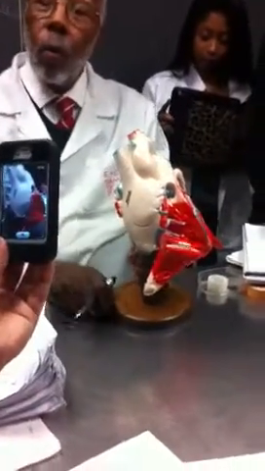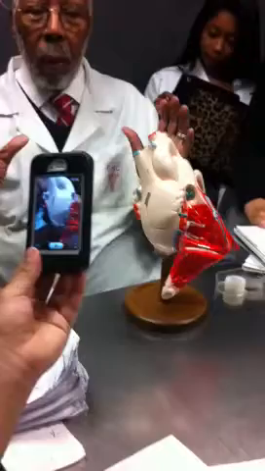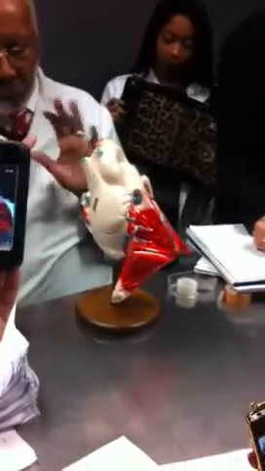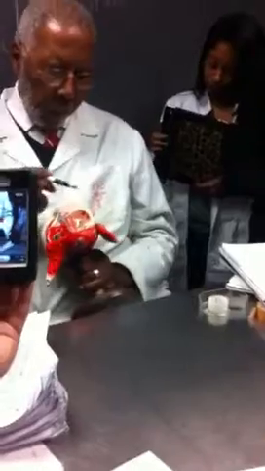All four carry the oxygenated blood to the left atrium. Okay, so now it's in the left atrium. This is the left side.